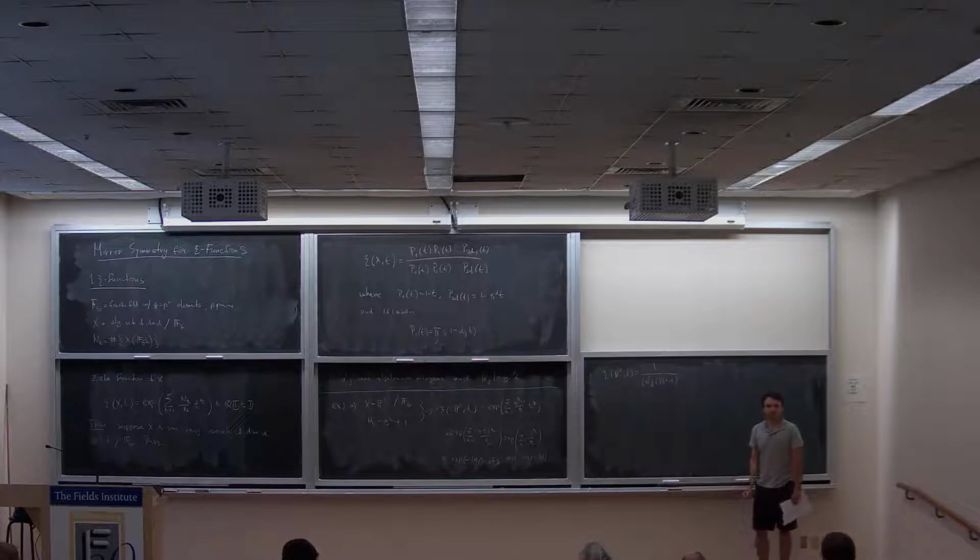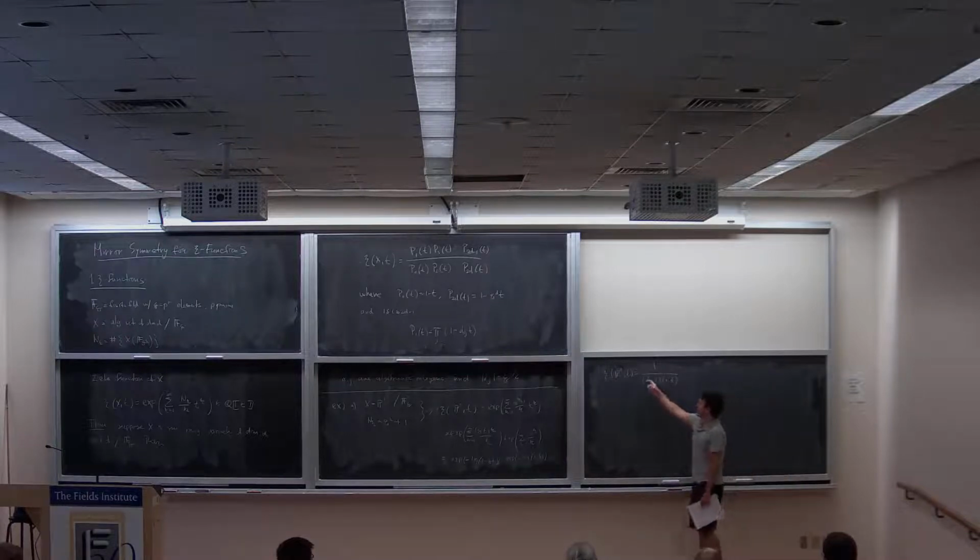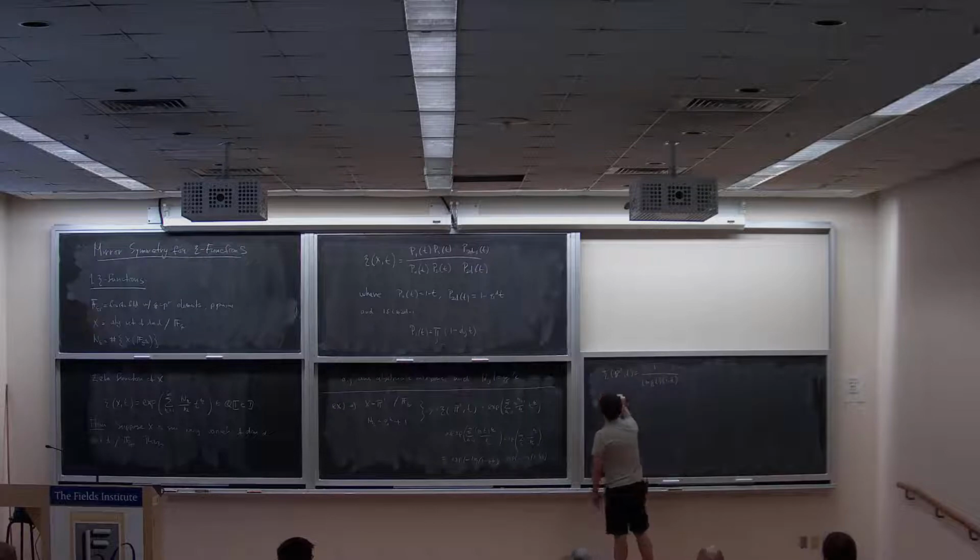Okay. So it's about as simple as you can get as far as zeta functions go, because for smooth varieties you have to have this term and this term, and so everything else is just 1.